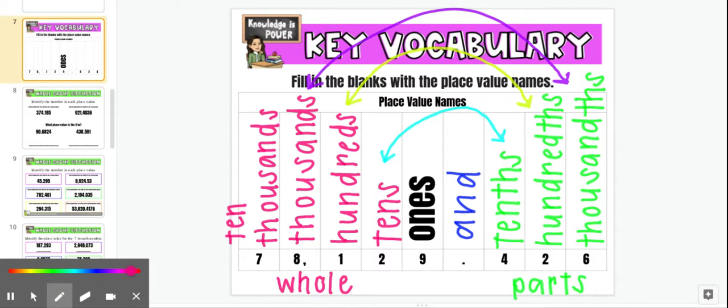So I like to think of it as the ones and the "and" are together. And then we can start thinking about our pattern of tens and tenths, hundreds and hundredths, and thousands and thousandths. So we need to make sure we understand the name of each place and the value it holds being in that place.